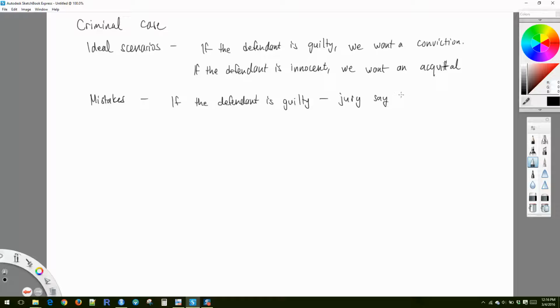The jury acquits, right? So we don't want that. Okay, that's a mistake. All right. And then the other case is that if the defendant is innocent, and the jury says guilty.